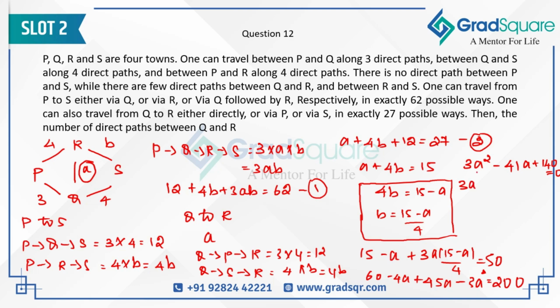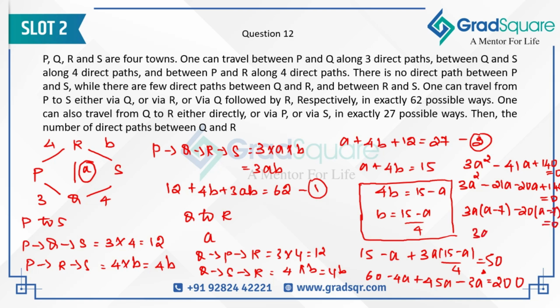This can be factorized as 3A square minus 21A minus 20A plus 140 equal to 0. Now I can take 3A common outside, which will give me A minus 7, and 20 common outside, a minus 20, so that is going to be A minus 7 equal to 0.